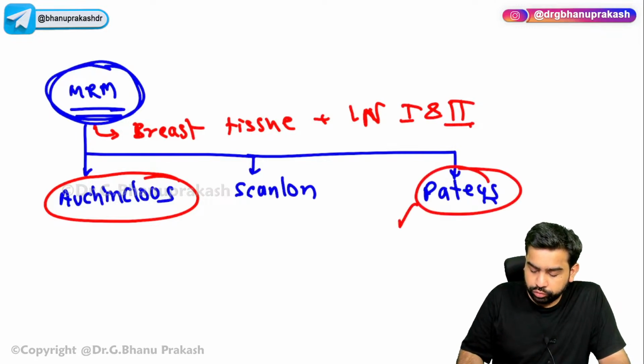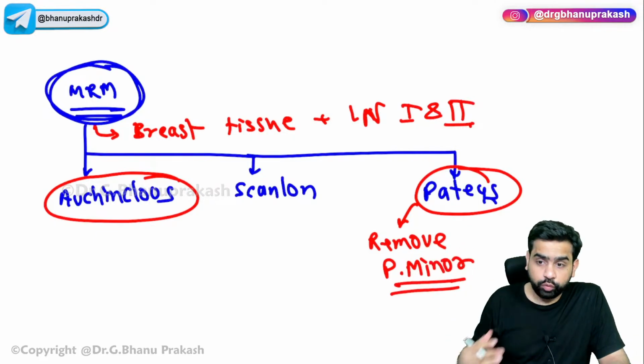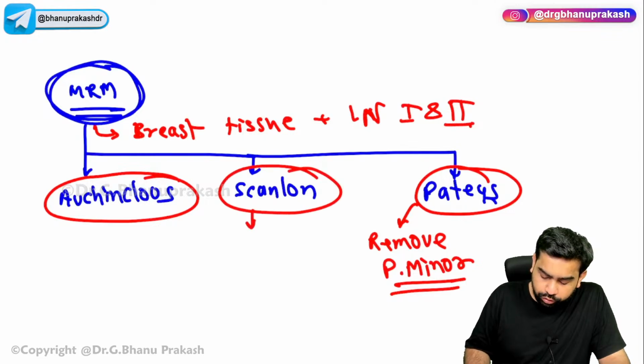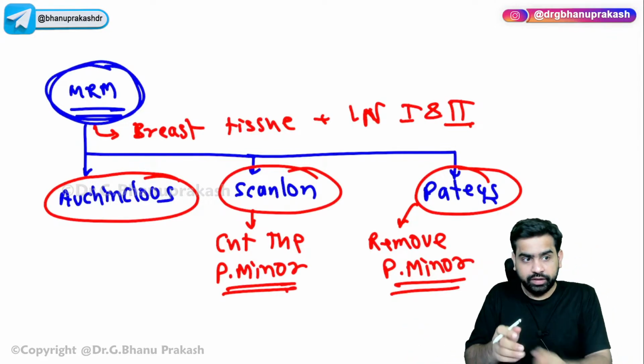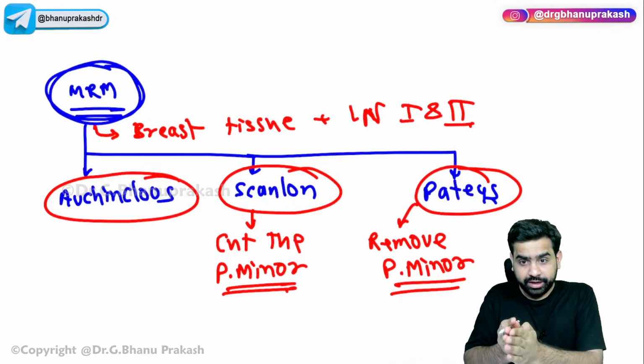In the Pettis, you remove the pectoralis minor muscle. You get rid of the pectoralis minor because you want to remove the lymph node station 2 as well. In the Scanlon, you cut the pectoralis minor, but after you have removed the lymph nodes, you do the reanastomosis of that. You cut, remove the lymph node station 2, and then suture that pectoralis minor again.